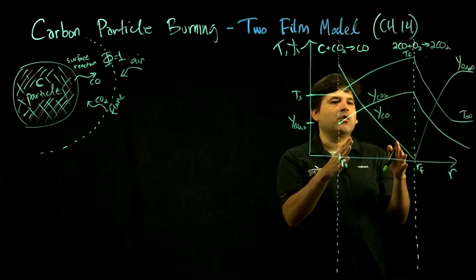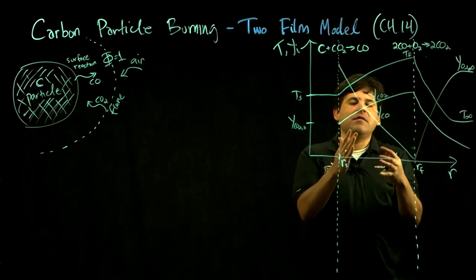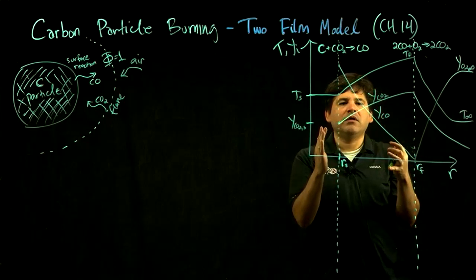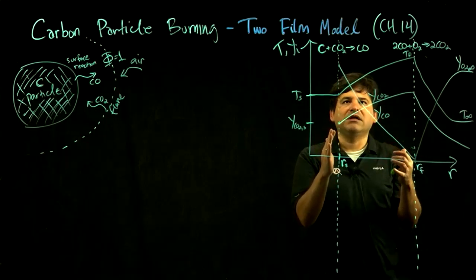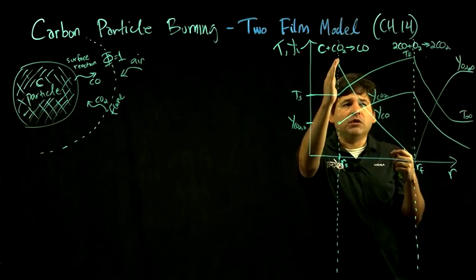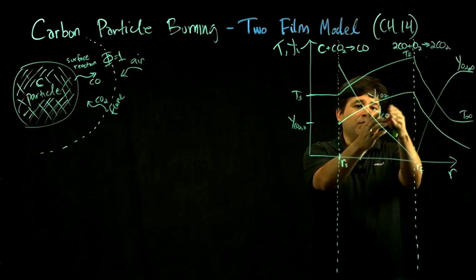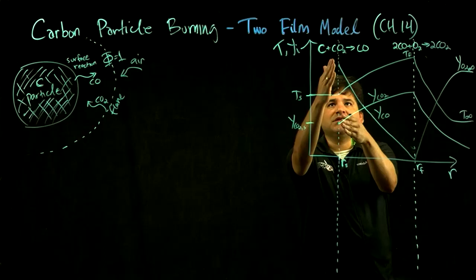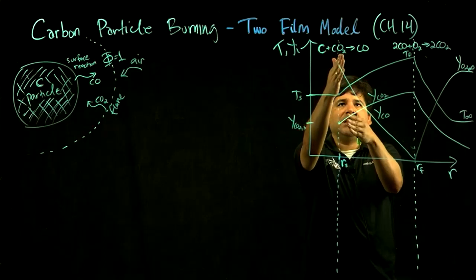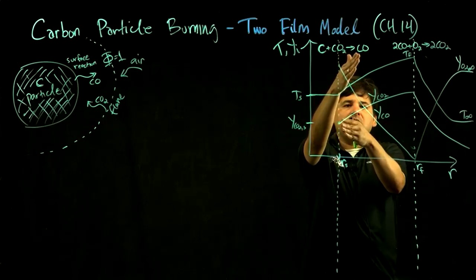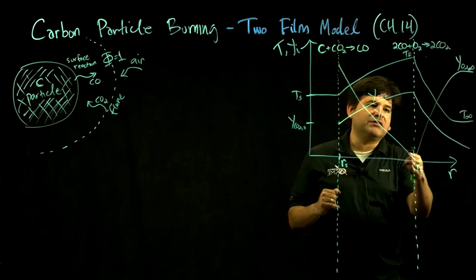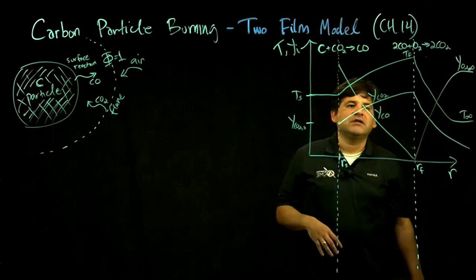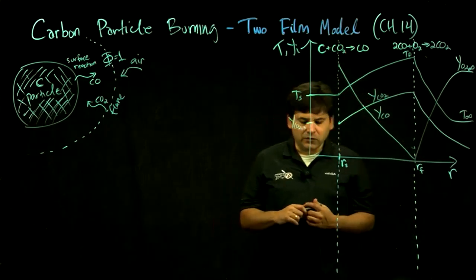Once the flame is going, you establish this feedback, this transport and steady process, where the CO2 you're producing from burning CO feeds back into the surface to oxidize the carbon to CO. Then once you form CO, it burns and it feeds the flame. So that's what's happening. That's the two films.